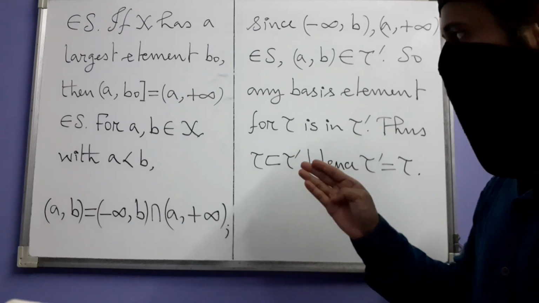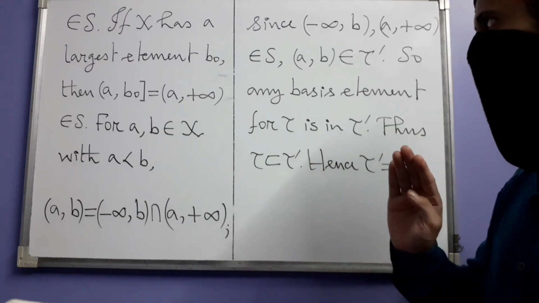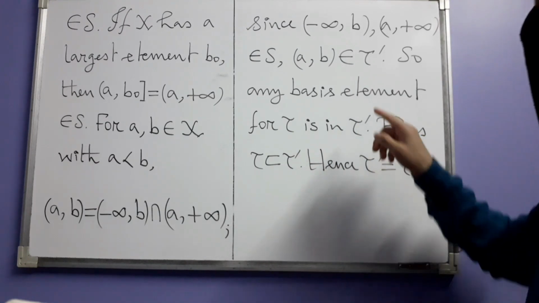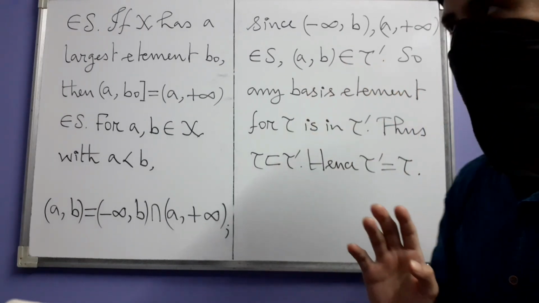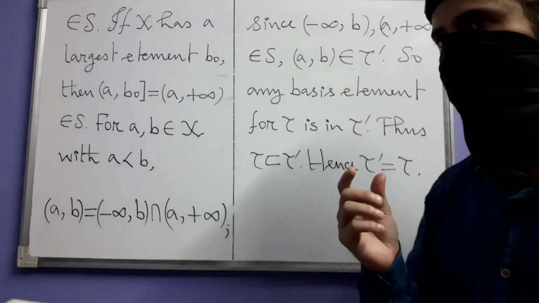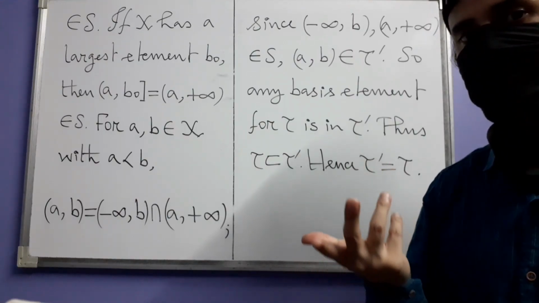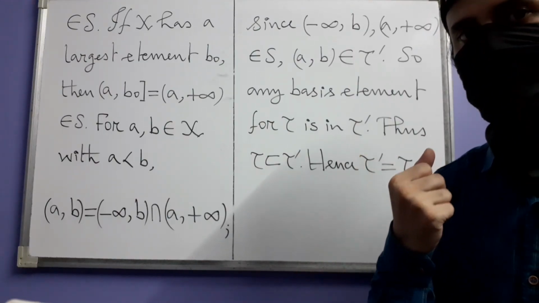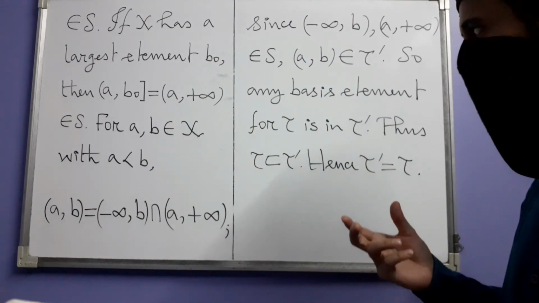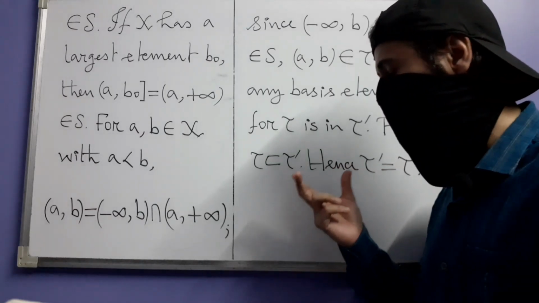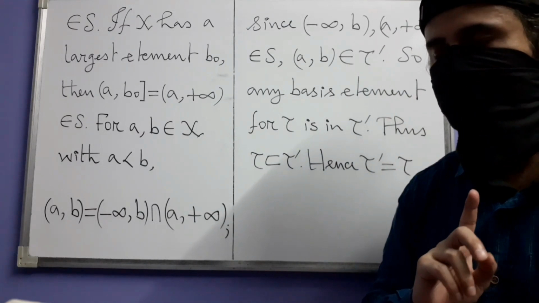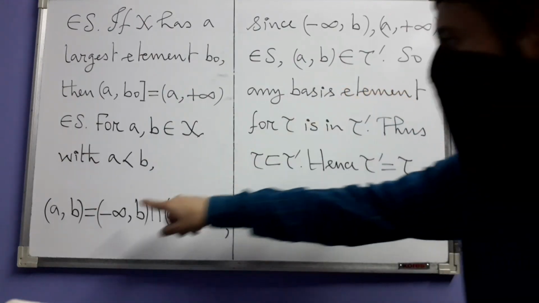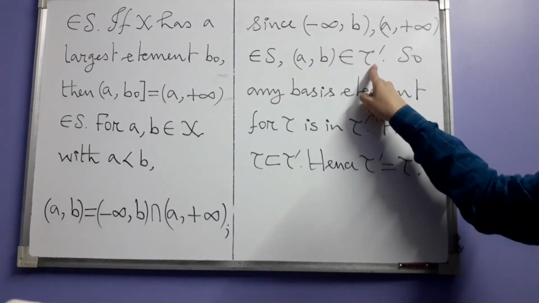So it should be in particular in the topology tau prime generated by S, because the elements in tau prime are arbitrary unions of finite intersections of elements of S. So in particular, any finite intersection of elements of S should itself also be inside tau prime. So that's how this belongs to tau prime.